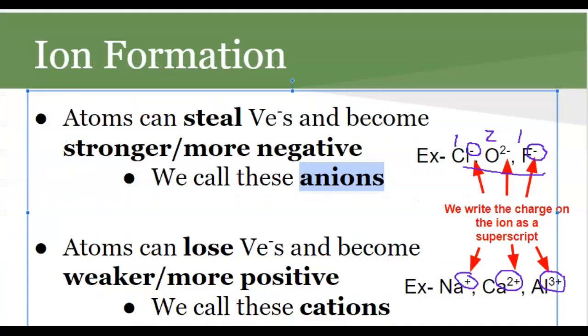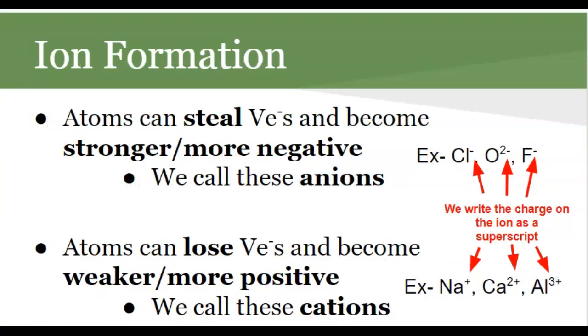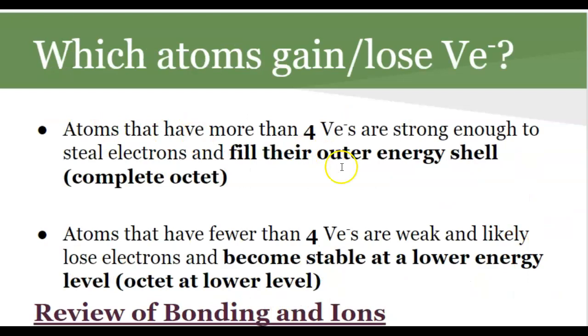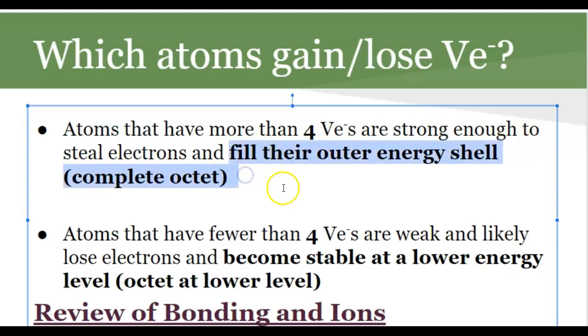Okay, so kind of coming back over here, moving right along. Atoms that have more than 4, as I mentioned, want to fill their outer shell. So those are going to be your anions and gain.